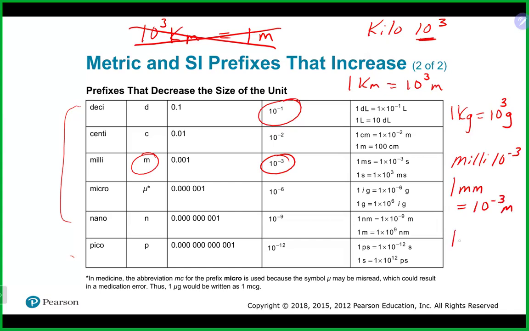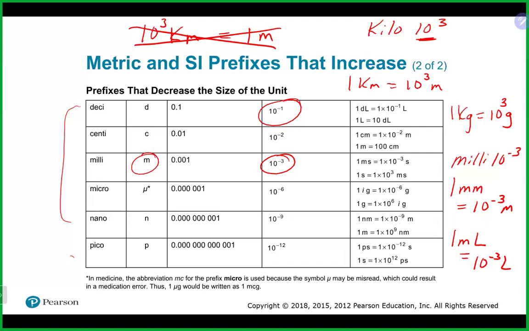In 1 milliliter, there would be 10 to the minus 3 liters. So when you see that 10 to the 3, 10 to the minus 2, that is how much there is in the base unit to just one of the prefix units. And again, like I said before, super common. Everybody always wants to reverse those and use it incorrectly.